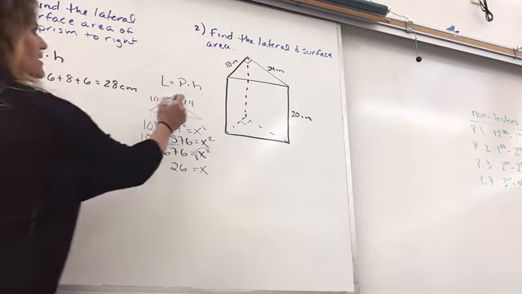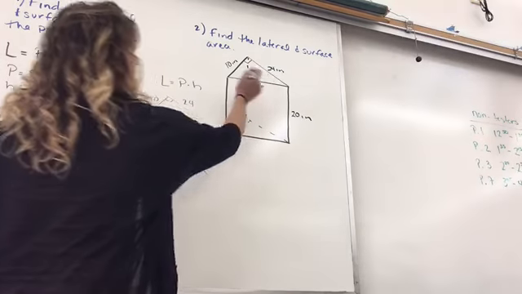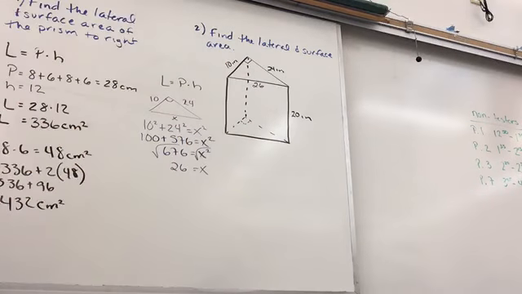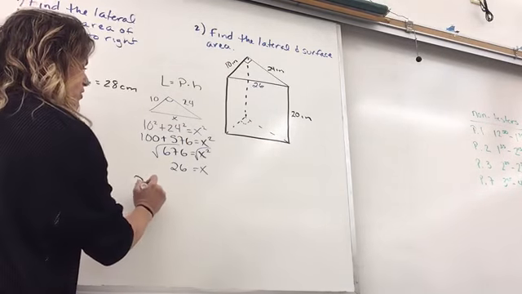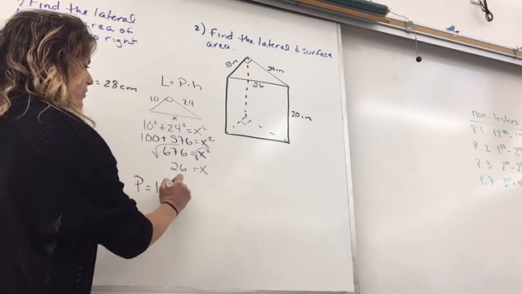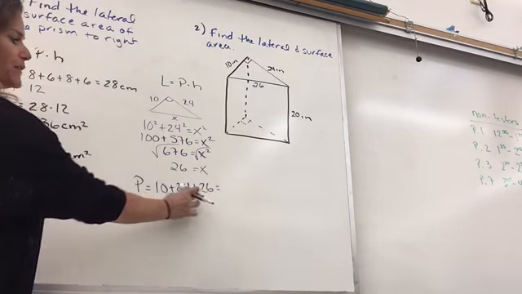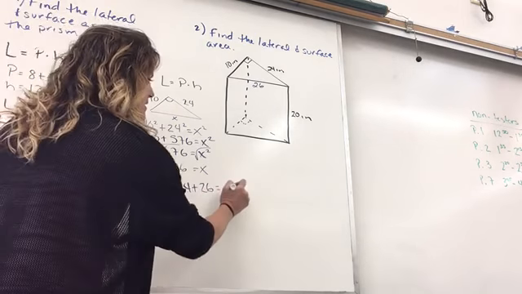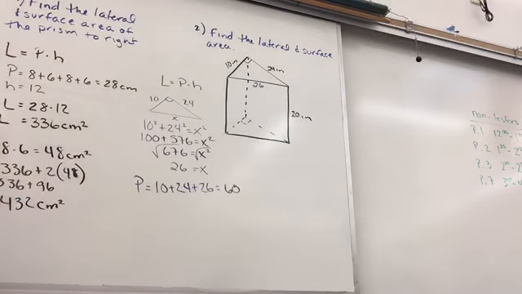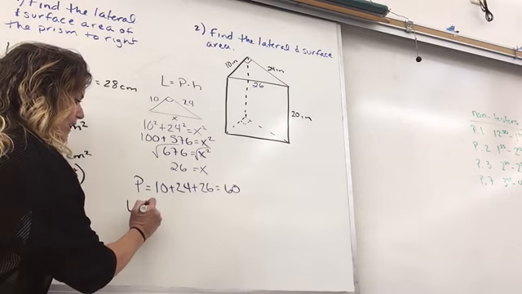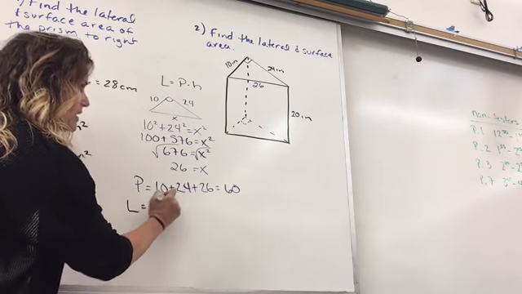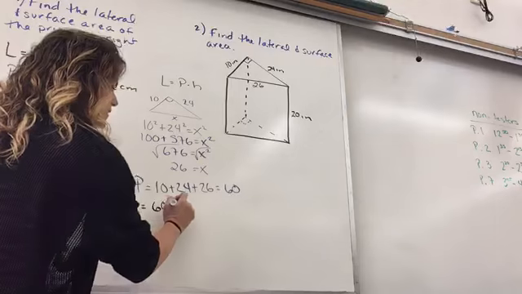So now that I have this side right here is 26, I can find the perimeter of that triangle. So the perimeter is 10 plus 24 plus that 26. That's 50 plus 10 is 60. So my lateral area, I can finish finding that because I can say the lateral area is the perimeter, 60, times the height, 20.